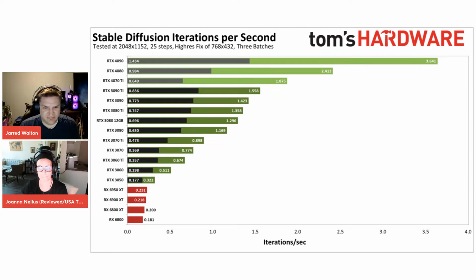I didn't put together a chart, but if you do four 512 by 512 images at the same time, it gets better scaling on the faster GPUs because it's able to utilize those tensor cores and other things better. Anyway, it's all interesting on some level.